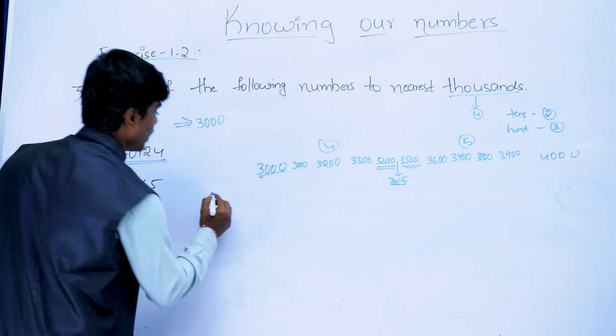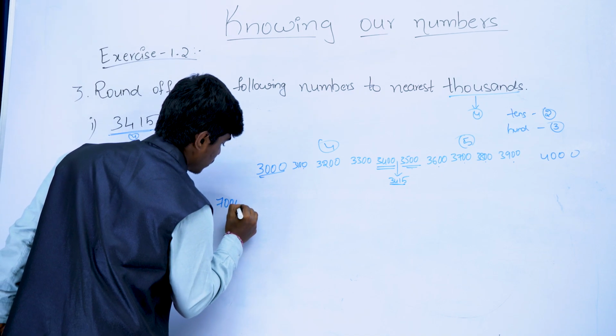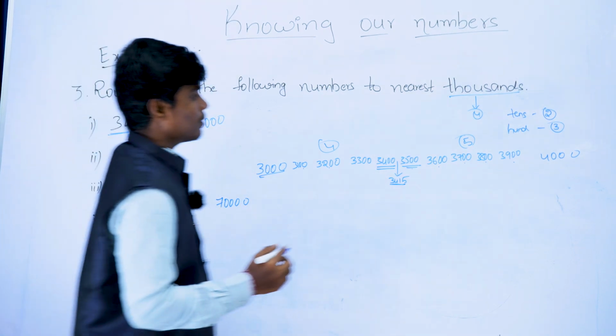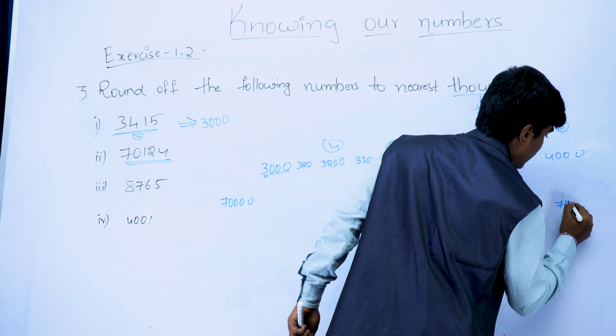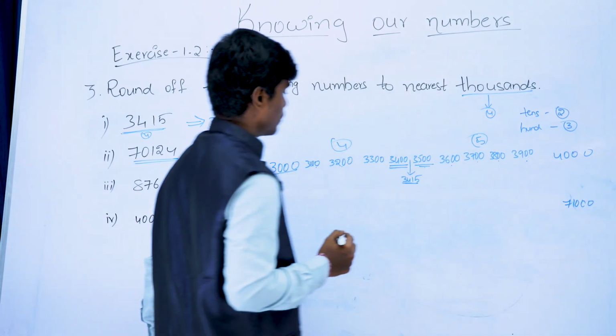Now coming to the second problem, 70,124. It lies between 70,000 and 71,000.